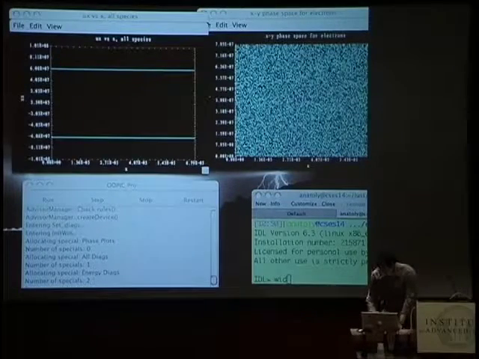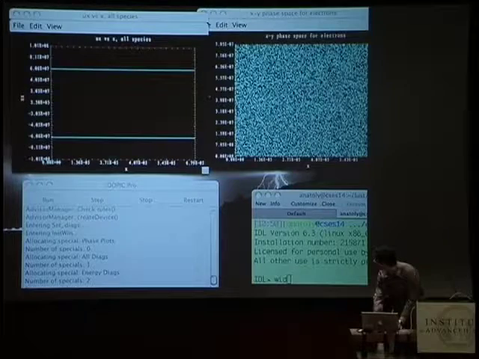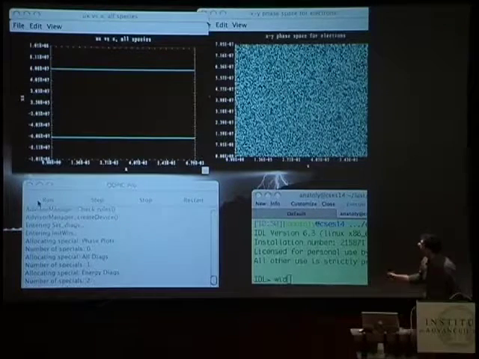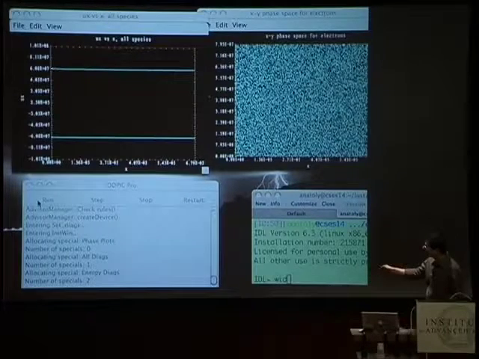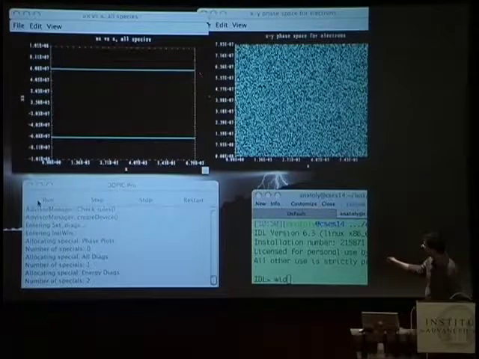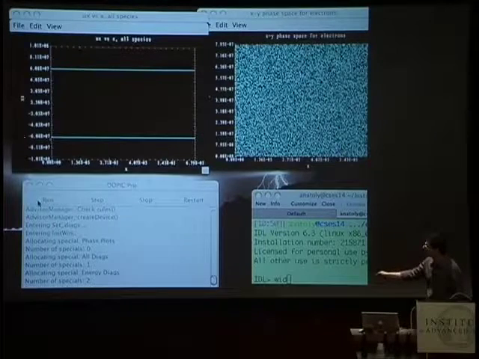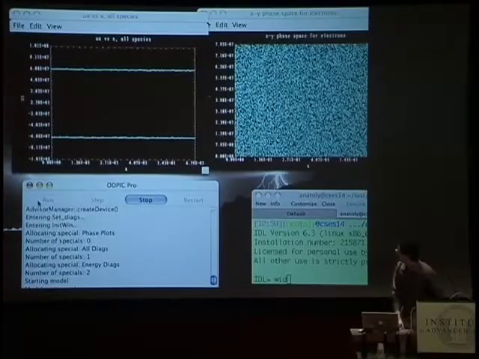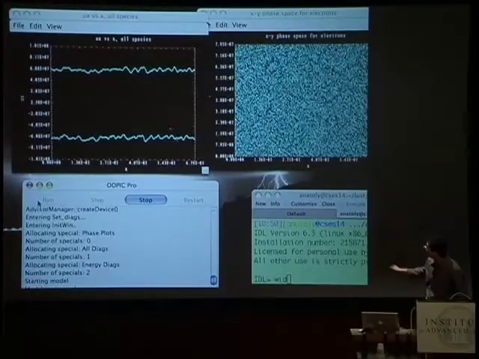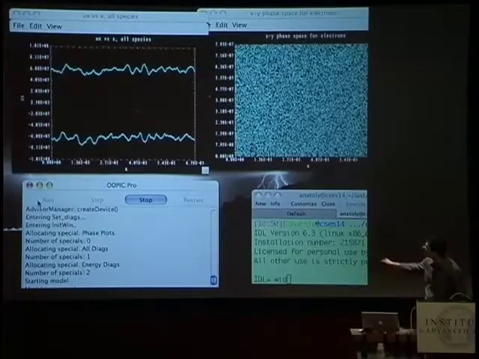So for example, in the homework problem, you looked at the example of two-stream instability, where this was an electrostatic two-stream instability. This is the velocity space versus the x-coordinate. Here I have a beam of electrons going to the right, and here a beam of electrons going to the left. This is the velocity in the x direction. And if you run it, you see that there are oscillations developing in both of these beams.